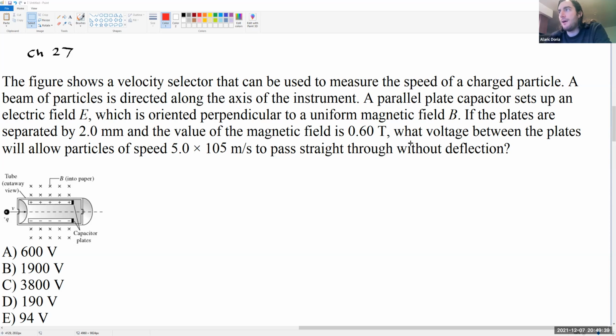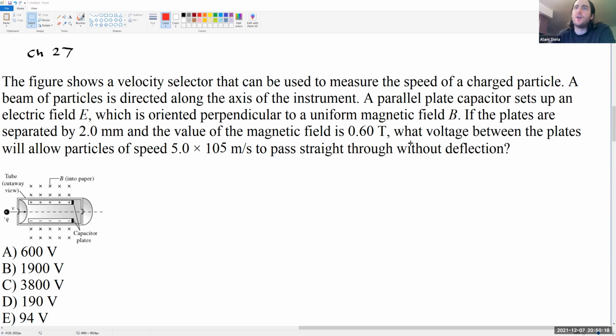A parallel plate capacitor sets up an electric field E, which is oriented perpendicular to a uniform magnetic field B. If the plates are separated by 2 millimeters, and the value of the magnetic field is 0.60 Tesla, what voltage between the plates will allow particles of speed 5 times 10 to the 5th meters per second to pass straight through without deflection? So our options here are 600 volts, 1900 volts, 3800 volts, 190 volts, and 94 volts.